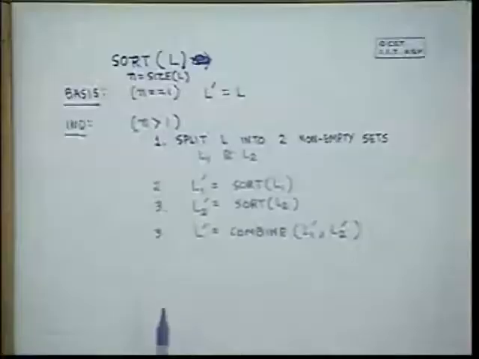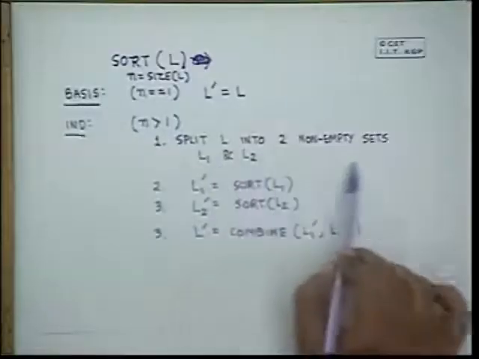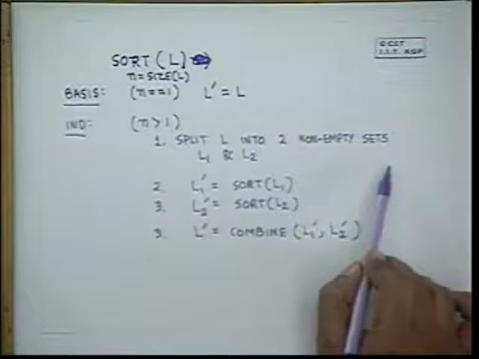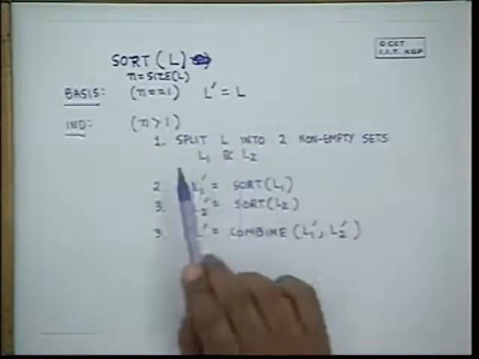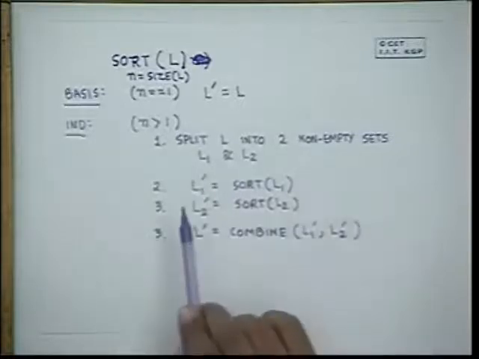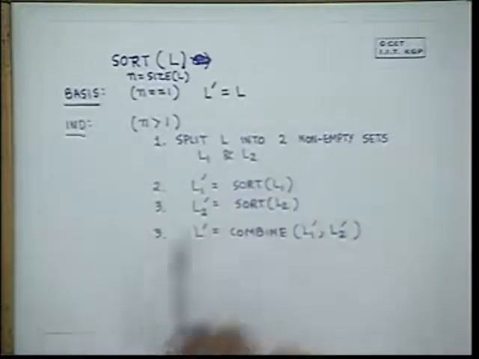So if we do this, we are going to get another sorting algorithm. And the sorting algorithm will vary depending on where we have split the list. We can split a list of n elements into 1 and n minus 1, or 2 and n minus 2, or half-half, or 3/4 and 1/4. All of them will work.